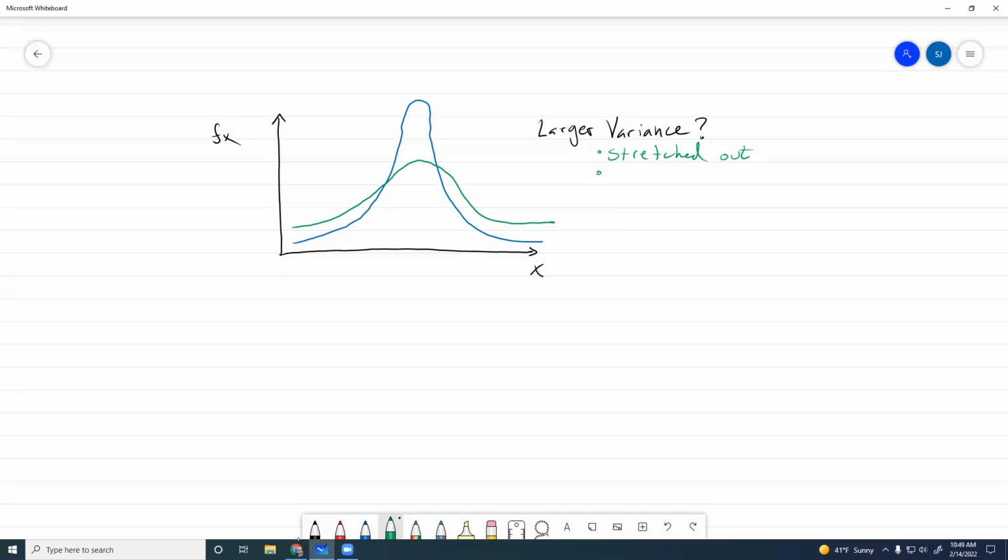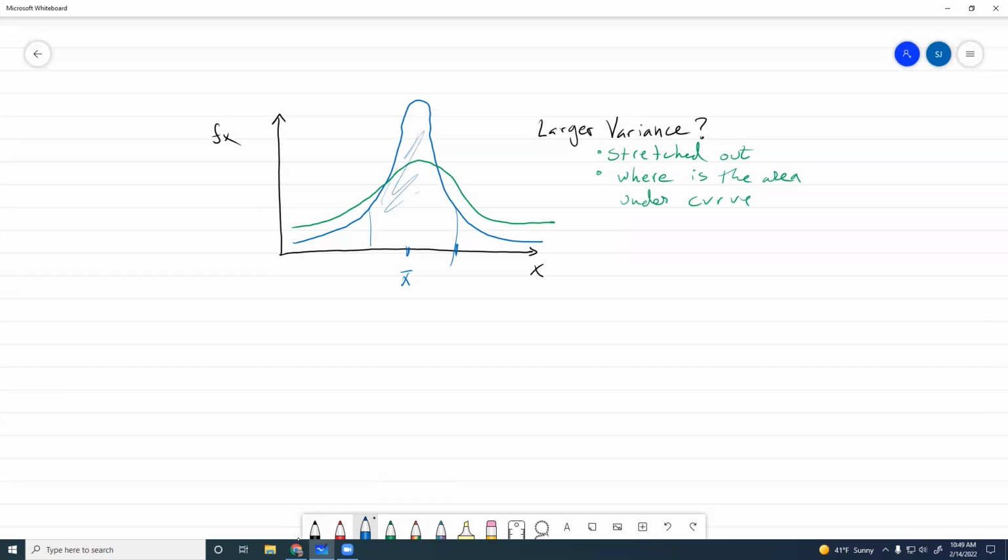And you think about this also in terms of where is the area? So that's all great. So where is the area under the curve? So the vast majority of the area under the curve is kind of near the mean, right?